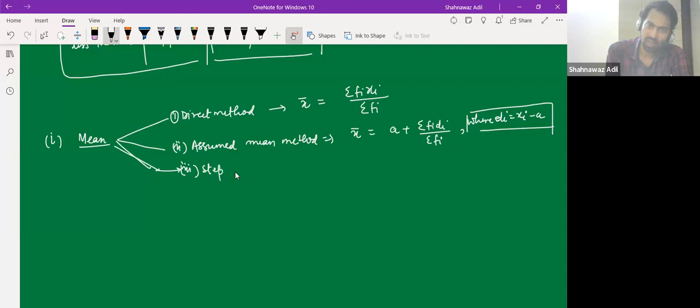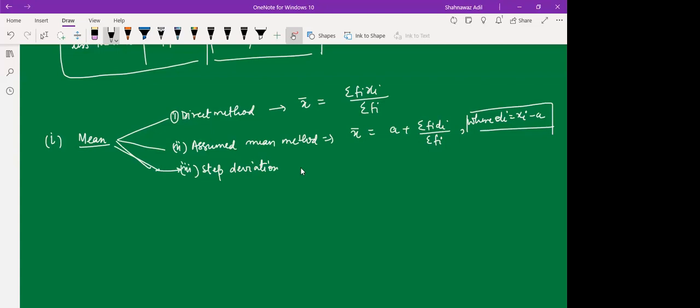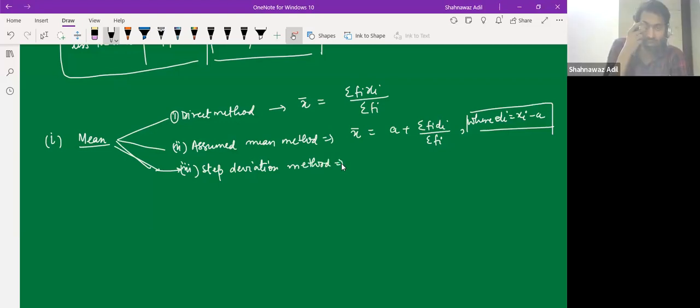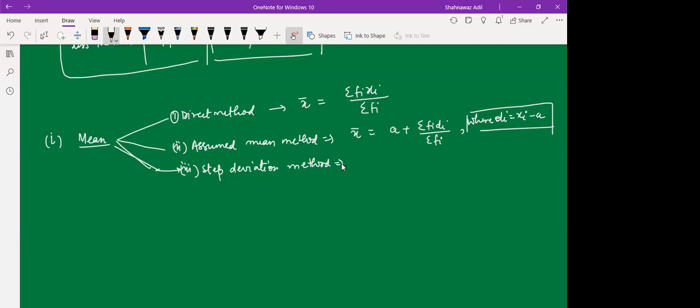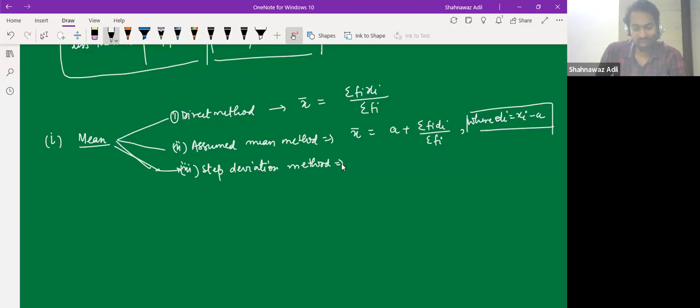So whenever you have larger numbers to calculate, Sir, yes, sir, my maths teacher told that step deviation method is cancelled. It's cancelled. Oh, so when you have those larger numbers, then how will we calculate, right, Shaima? Then there would be more complicated calculations.